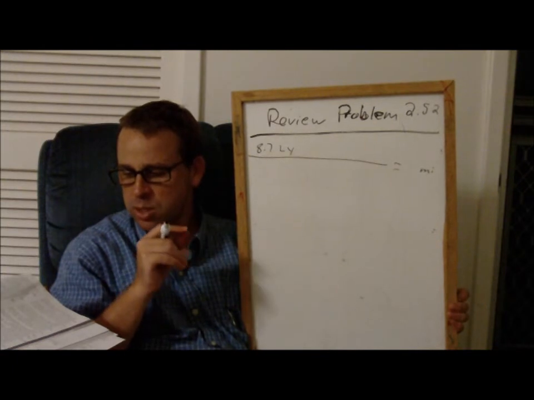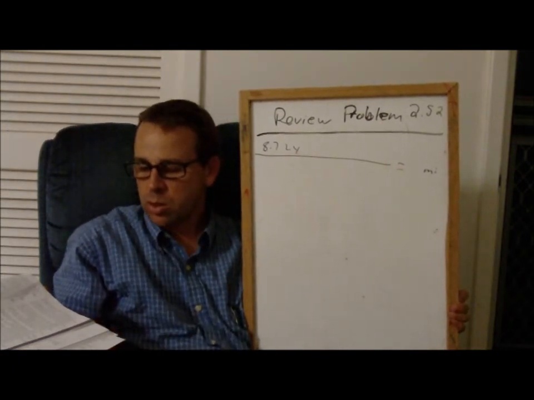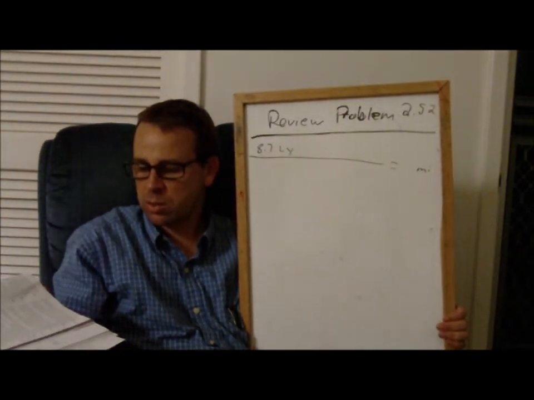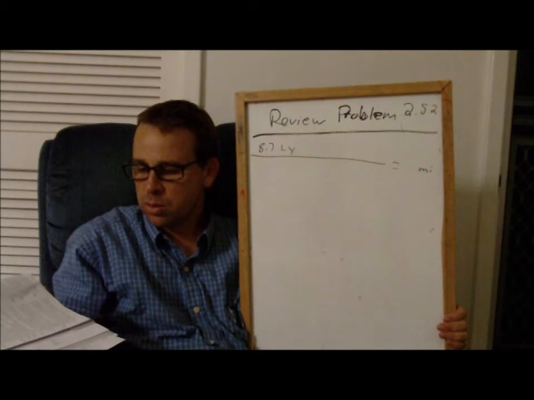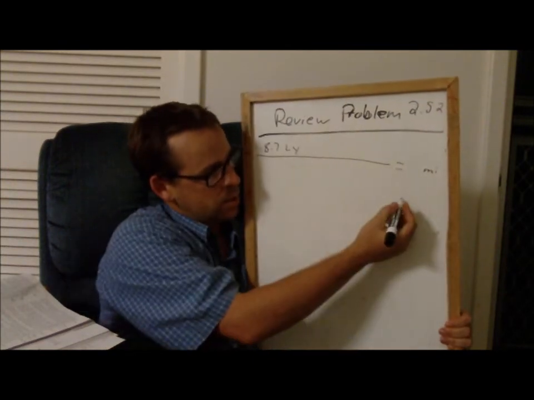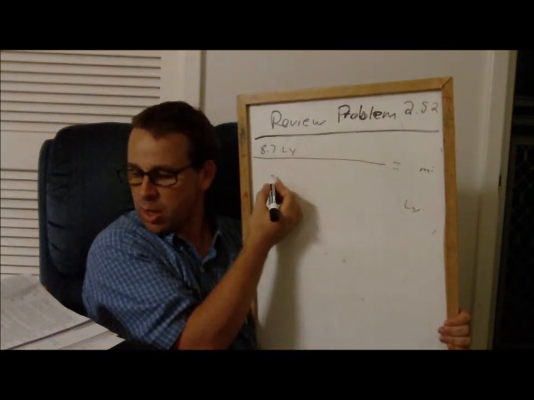So a light year is the distance light travels in 1 year. So let's see, 8.7 light years. That's 8.7. So let's determine what 1 light year is first. 1 light year is how much light travels in 1 year.